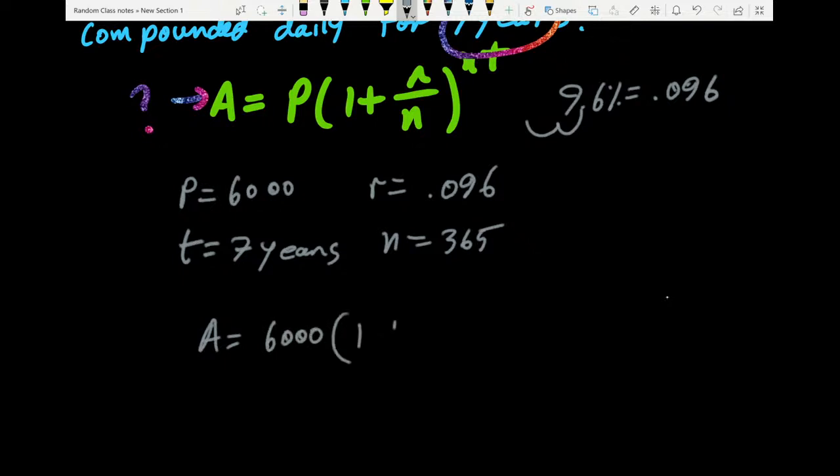So let's see if we could fill out the formula. 6,000 times (1 plus 0.096 over 365) to the power of 7 times 365. Now this is the part where many of you will make a mistake with how to use the calculator.